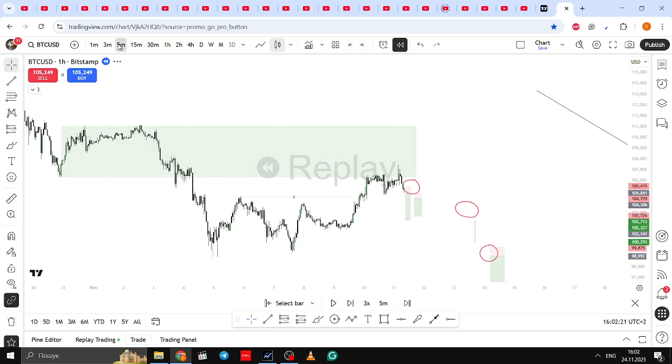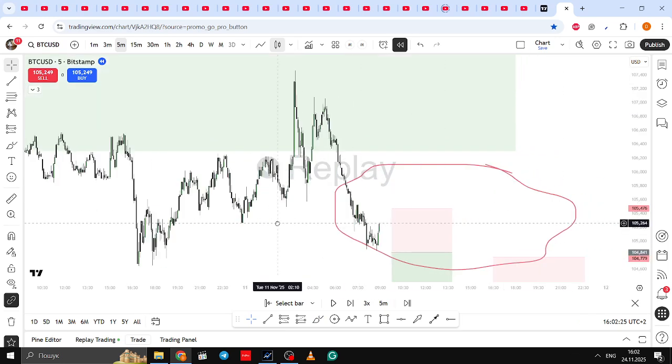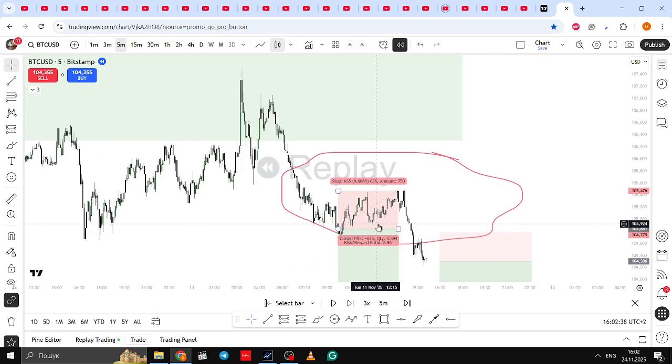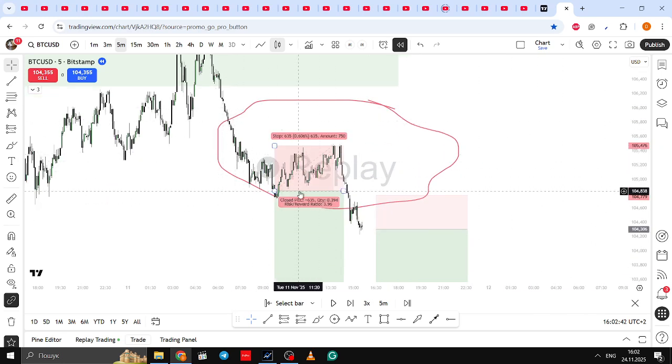However, of course, with Bitcoin it's pretty hard, at least in these examples, to catch the moves. So after big moves to the downside, if we enter on ICIs here, it could just take us out. So this is an example where it takes us out.